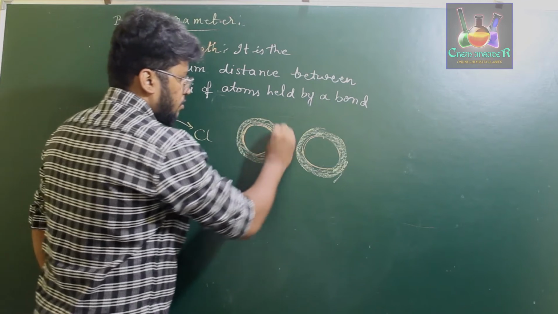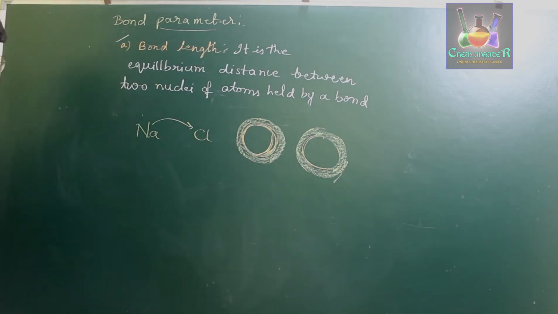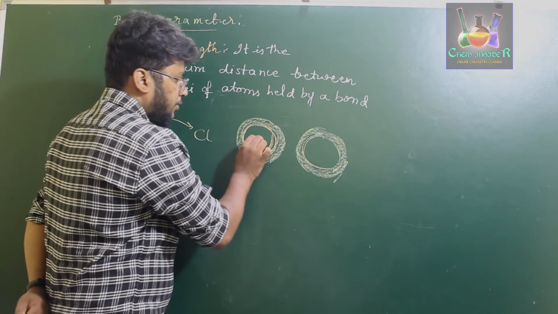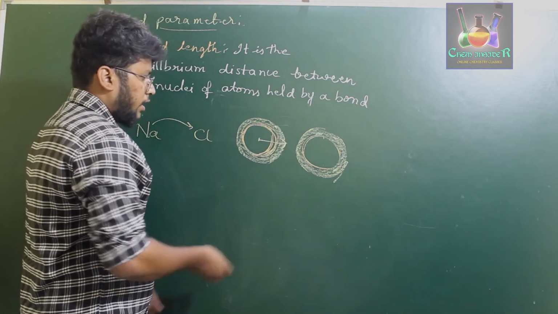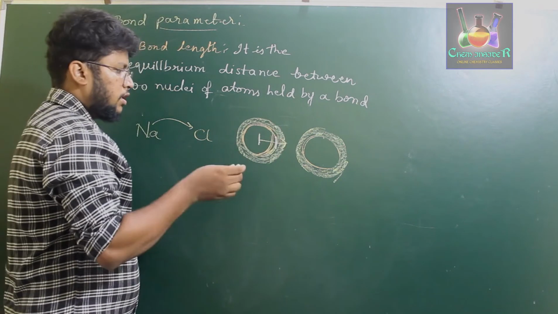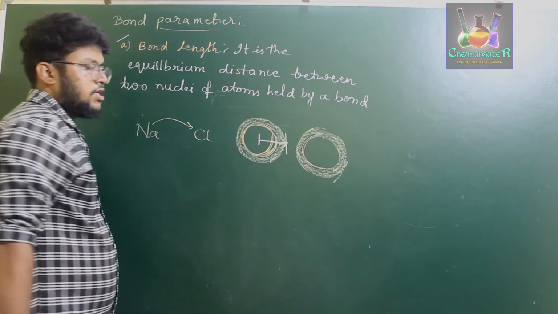So the radius of chlorine in the case of van der Waals is the distance from this point to this point, whereas in the case of covalent radius we are discussing the distance between these two positions. In the case of van der Waals radius we are going to discuss the distance at this position.